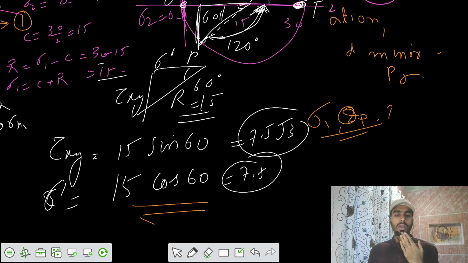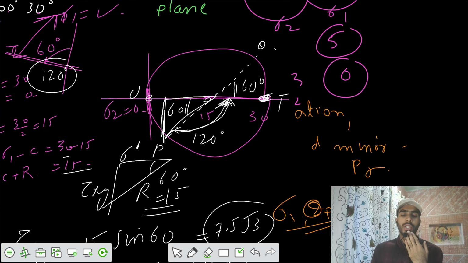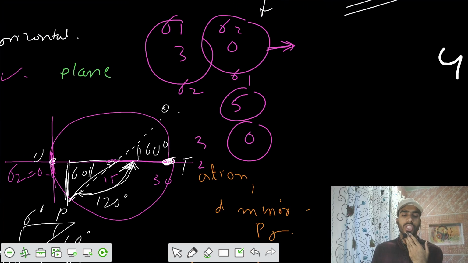Now what is the shear stress? Is it negative or positive shear stress? I want to say what is the value of shear stress on the plane P. On plane P you have a normal stress value of sigma x positive, because it's on the tensile side, positive side, and similarly you have negative shear stress.